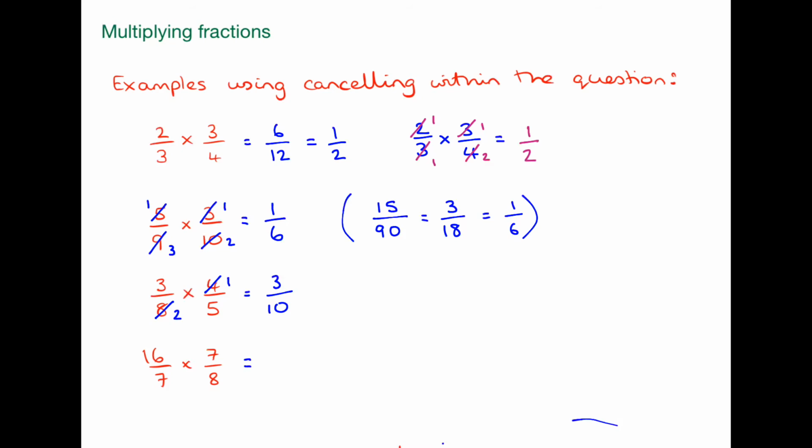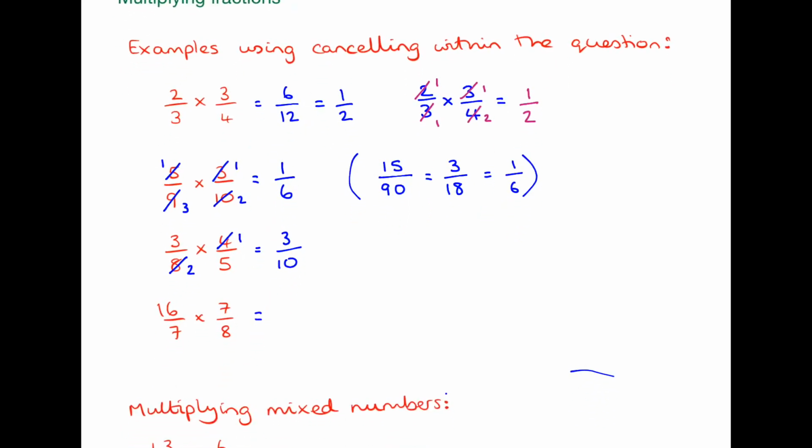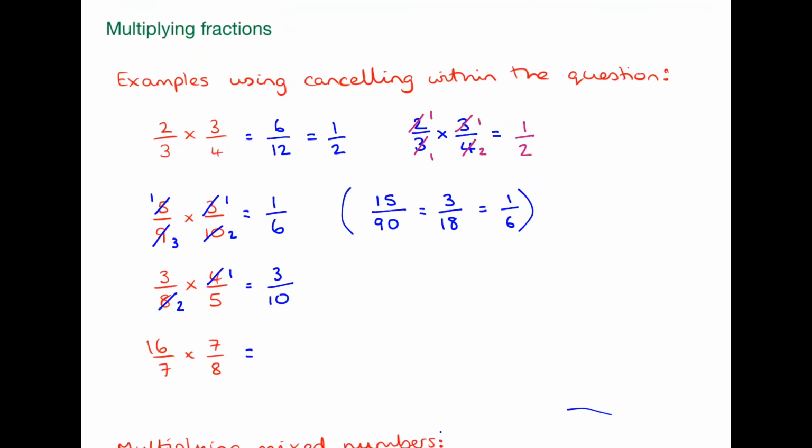Okay, the last one here just now. So again, look within each fraction. There's no cancelling to be done. But then if we look across the multiplication sign at top and bottom, we can see first of all, we've got a 7 here and a 7 here. And then if you look at the 16 and the 8, they're both in the 8 times table.